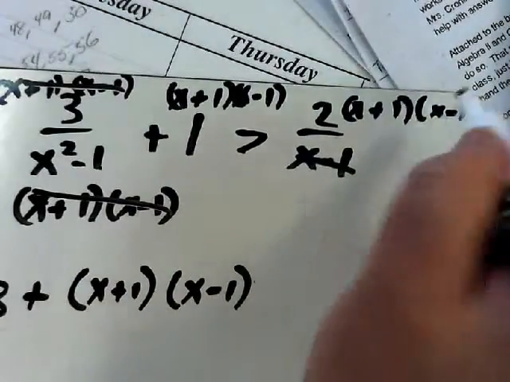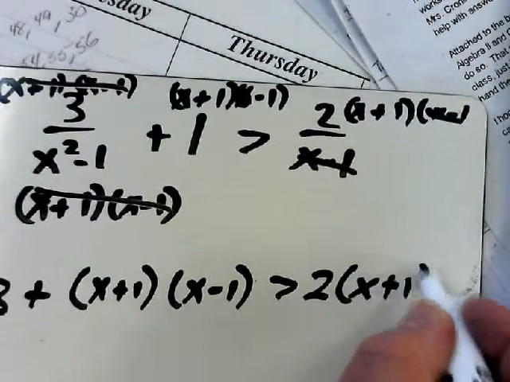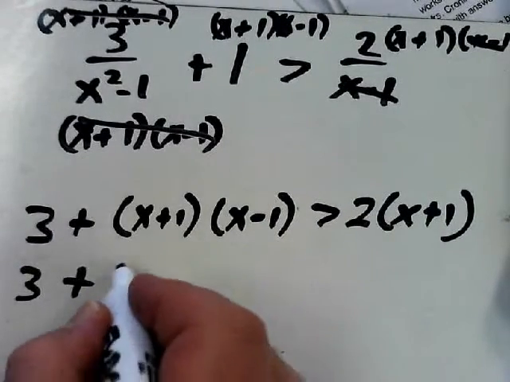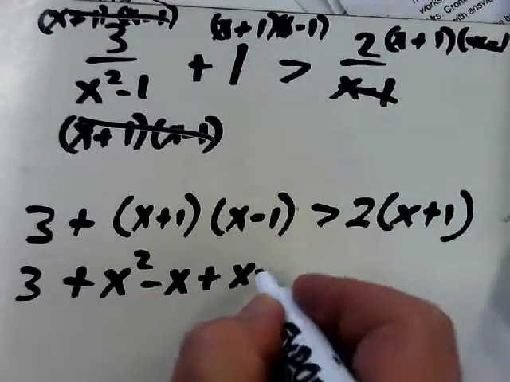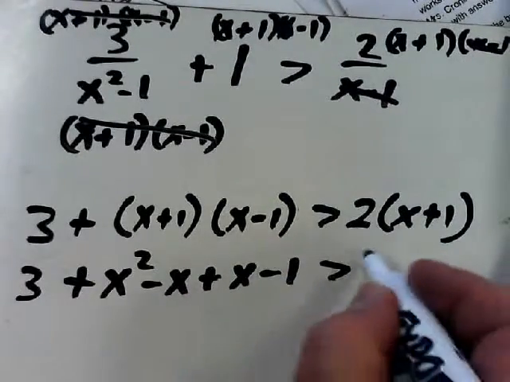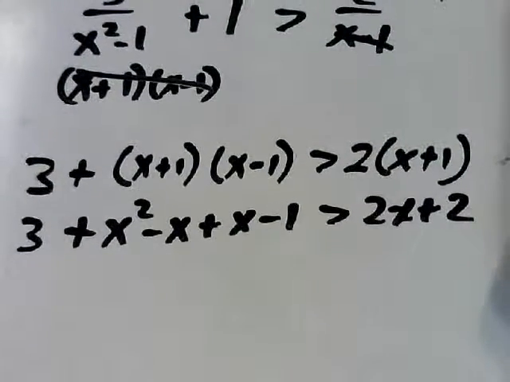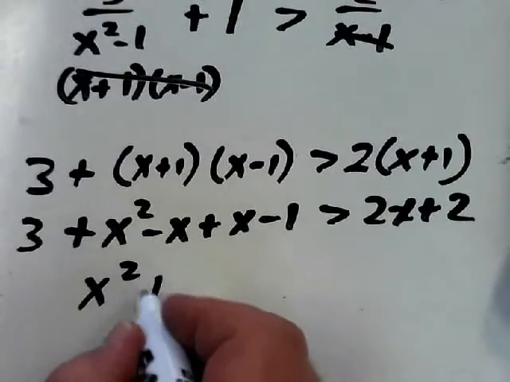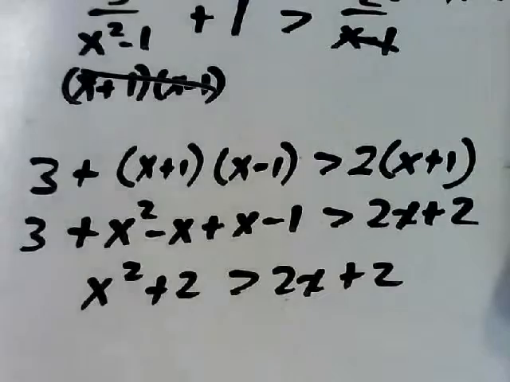And this cancels this, which will give me 2 times x plus 1. So I'd have 3 plus x squared minus x plus x minus 1 is greater than 2x plus 2. Did I do it right that time? Yes. So I'd have x squared plus 2 is greater than 2x plus 2.